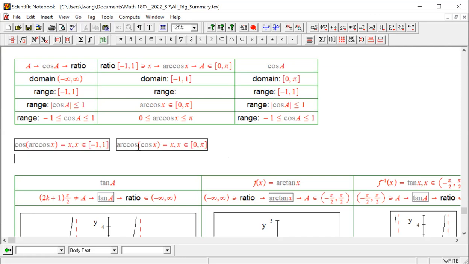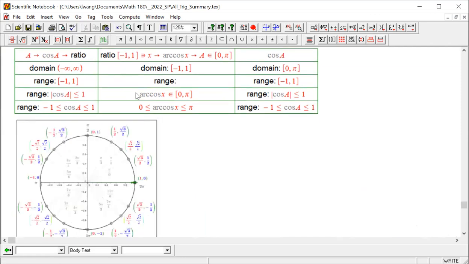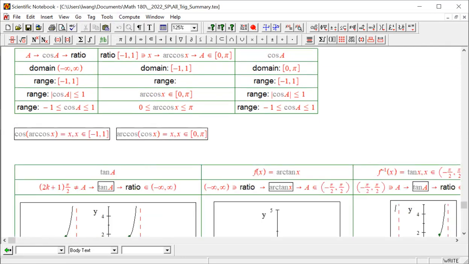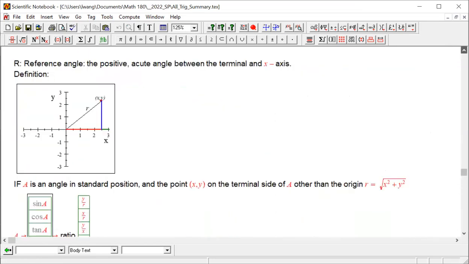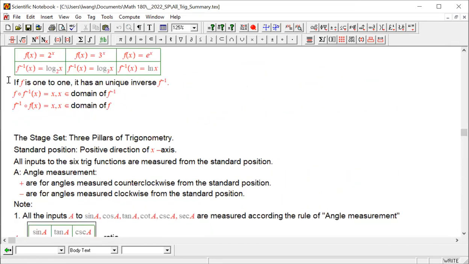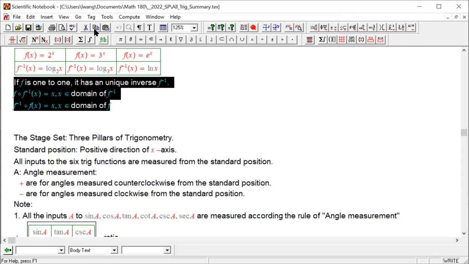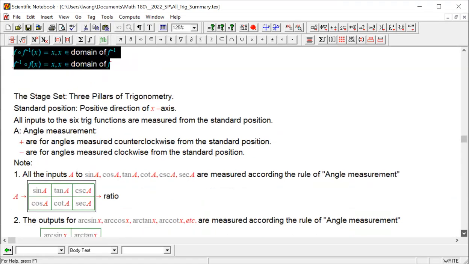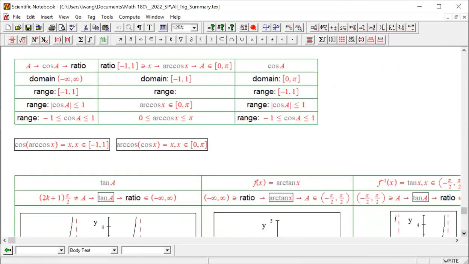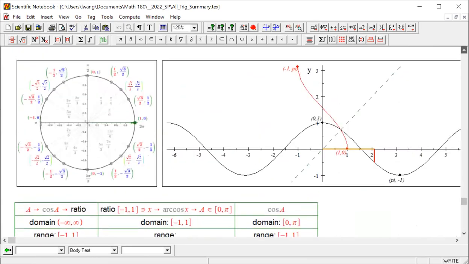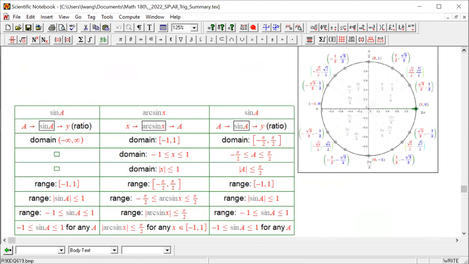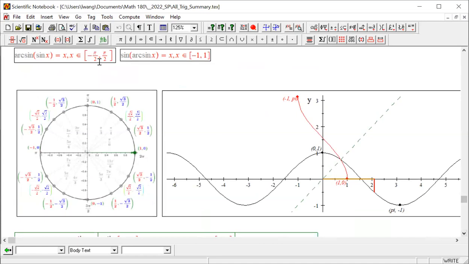We got this shortcut from this piece, just like what we did with sine. So we apply that property for functions and their inverses repetitively.